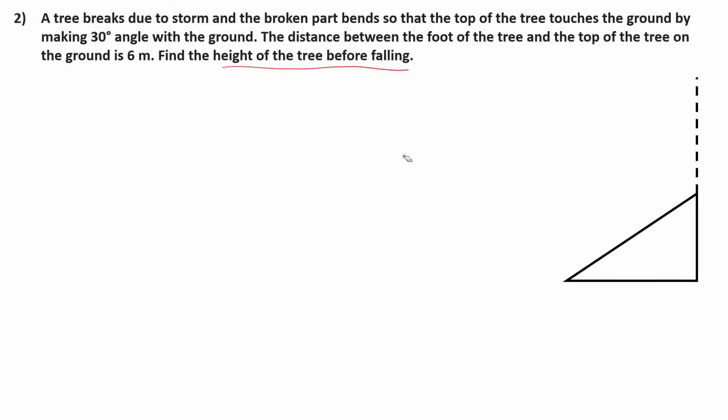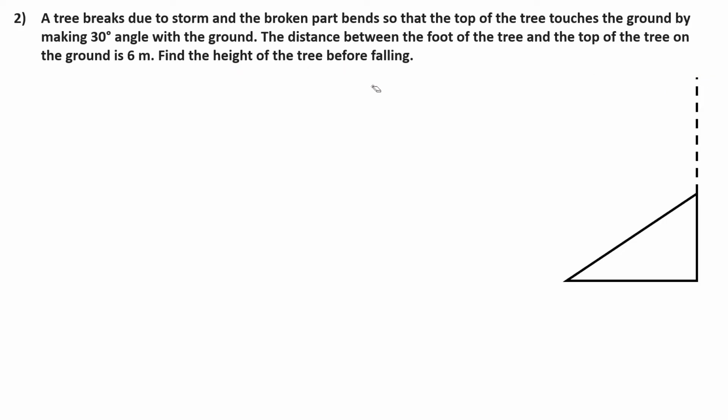Now here you can see this dotted line is nothing but the tree which was there before falling down. Now this part is broken and it is lying on the ground like this. So you need to understand this one.